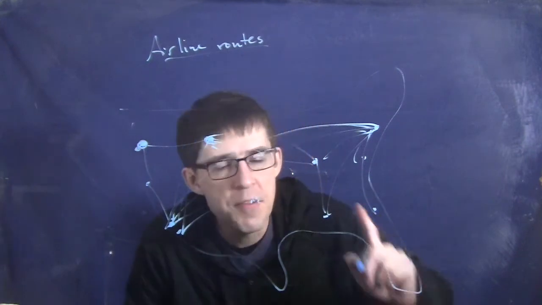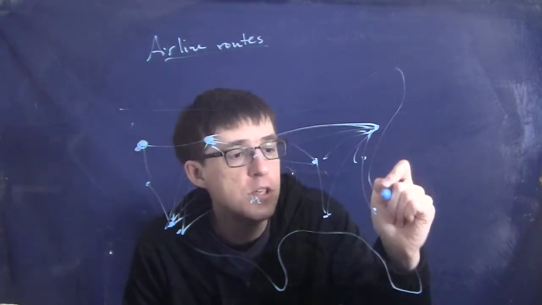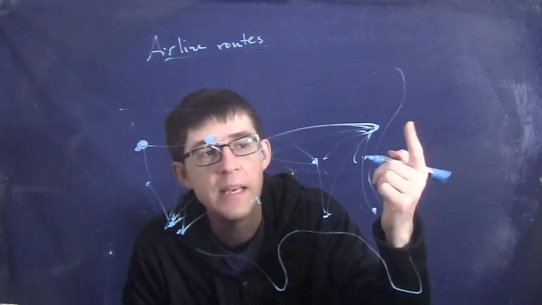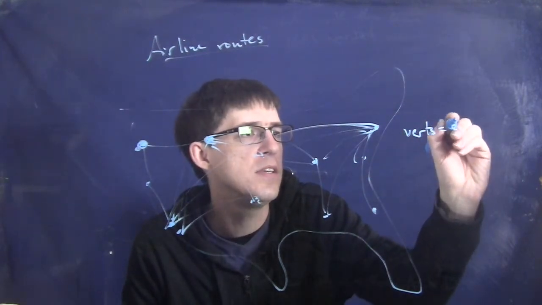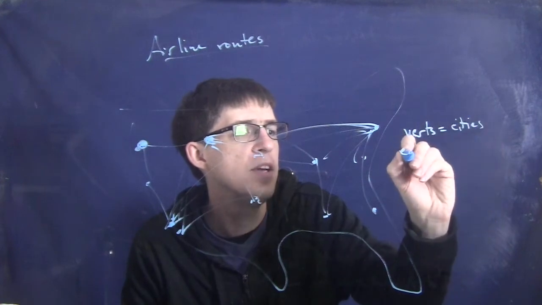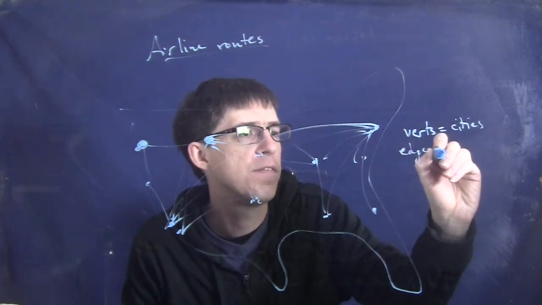What is interesting about this kind of graph is that each vertex represents a city, and each edge, I'm going to write this down actually, the vertices are cities, and an edge is a flight.